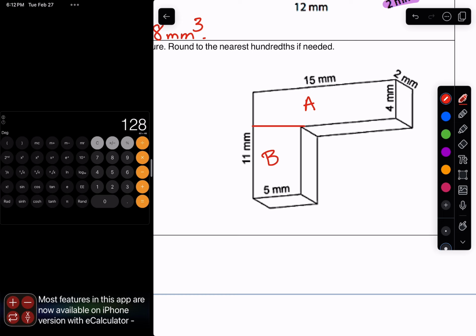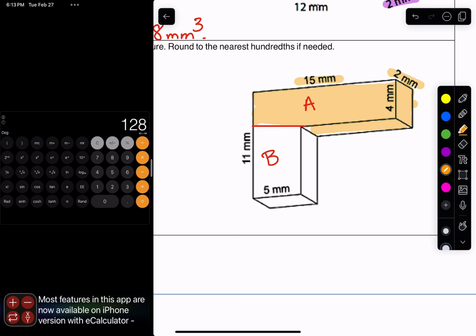Okay, for figure A, I'll make this one different pink. I'll make this one orange. So figure A, I have all 3 needed information.